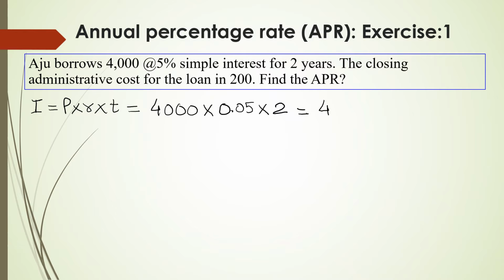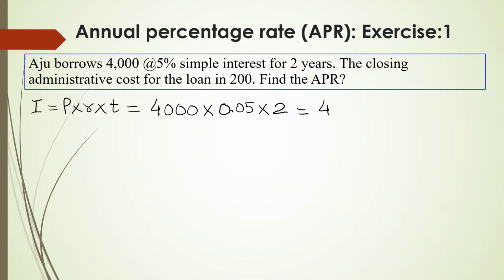Now we will write down what is the total cost of credit. Before moving on to calculating the APR, we should write down all the types of cost. So what is the total cost? Interest plus administrative cost. How much is the interest? We just calculated 400, plus, you can see here, 200 is given as the administrative cost.